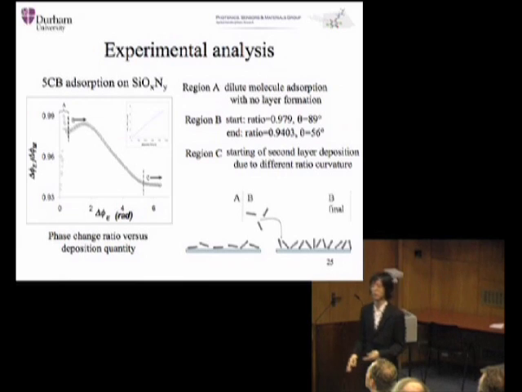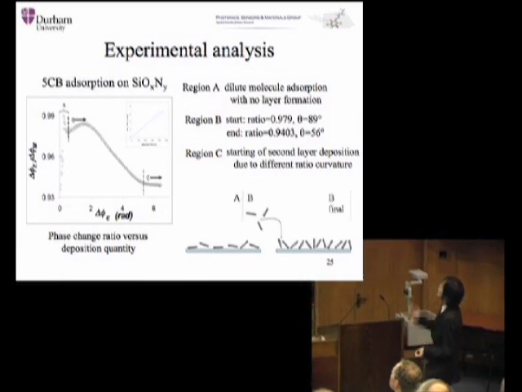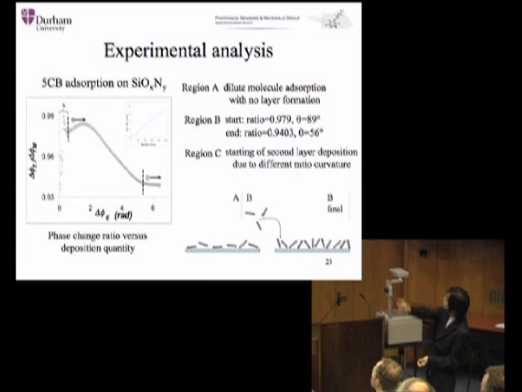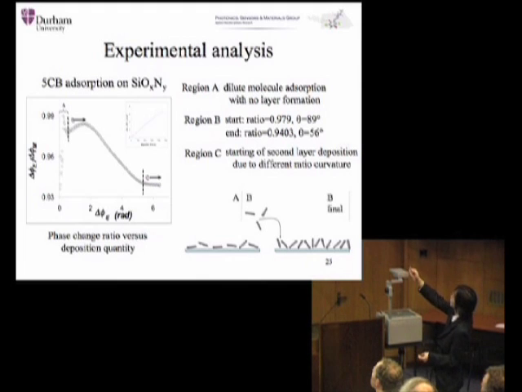There's no layer formation at all because the molecular rotation is not detectable at this time. But from the start of region B, when the ratio is initially stabilized, and from the ratio values combined with the computational result, we can easily get the polar angle to be 85 degrees, which means the molecule is completely flat on the surface.